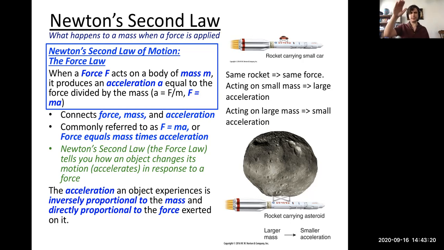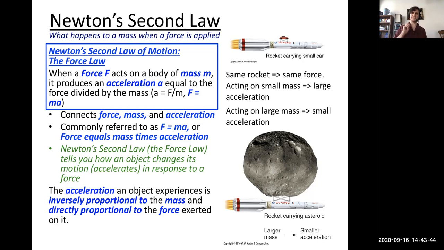If the mass is really, really small, then for the same amount of force, I'll get a very, very large acceleration. So inversely proportional. If one goes up, the other goes down. And they do so in proportion by the same multiplicative factor. And it's directly proportional to the force exerted, which is just saying more force, more acceleration, less force, less acceleration.